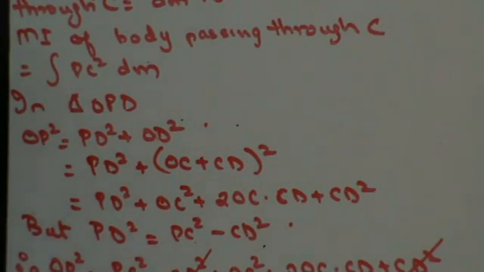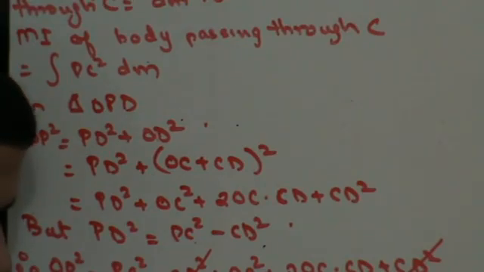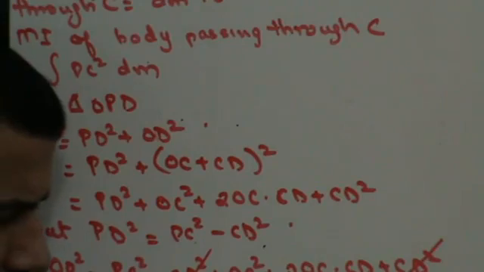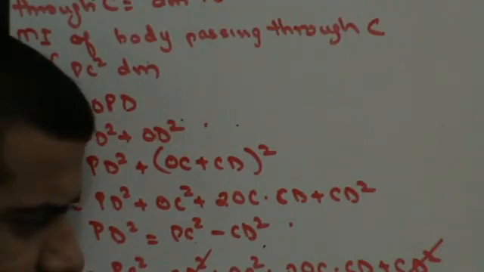This is going to be the integral of PC square into dm plus the integral of OC square into dm plus twice the integral of OC into CD into dm.